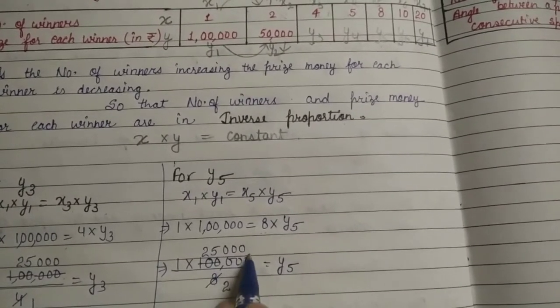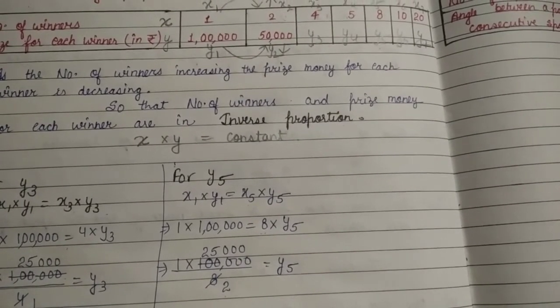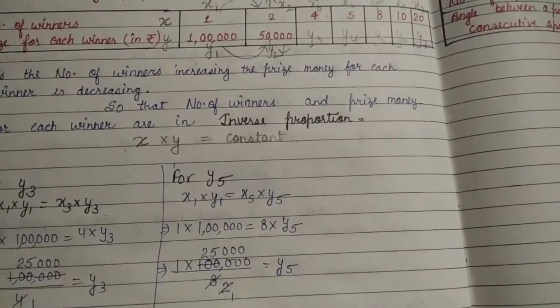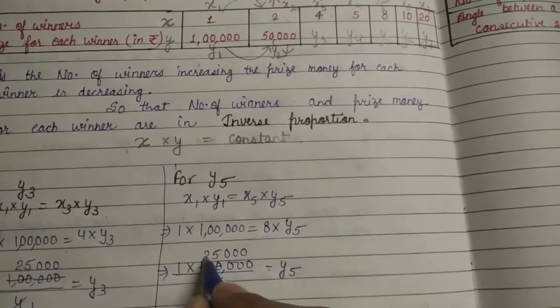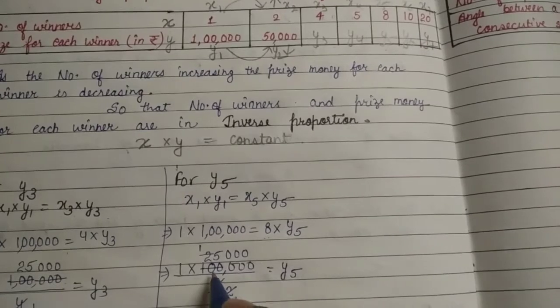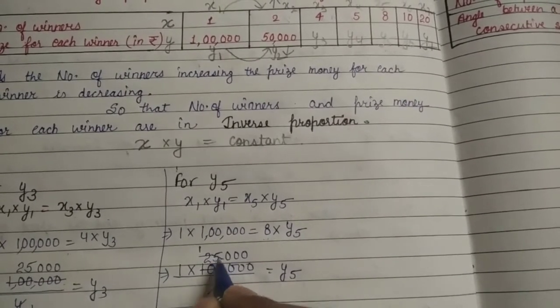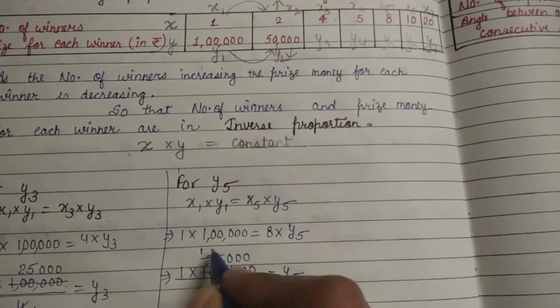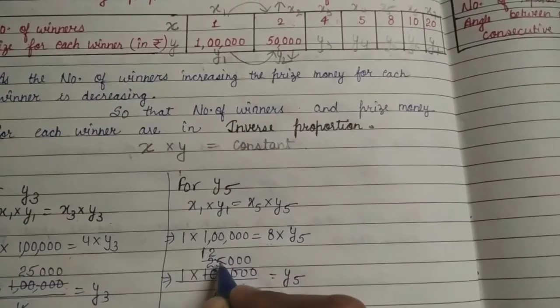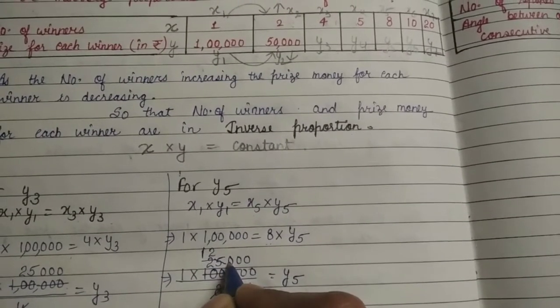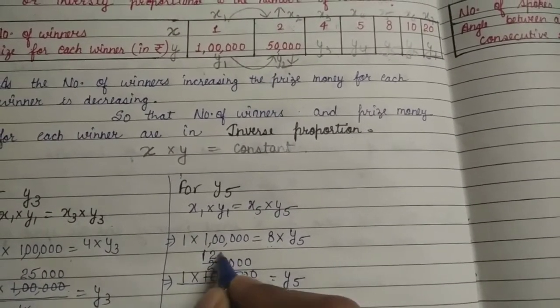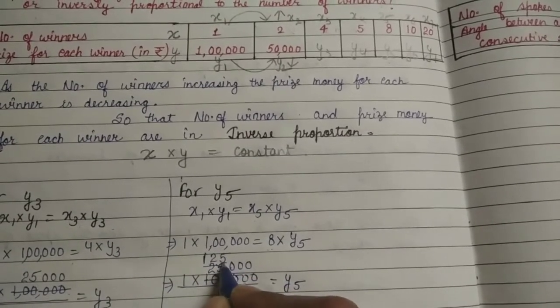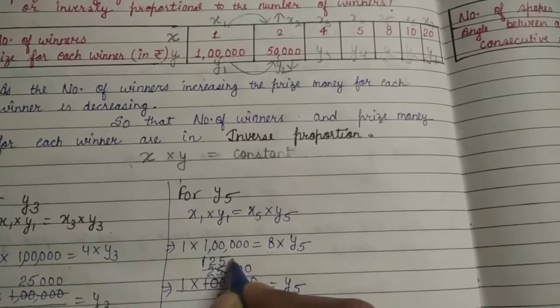Now this 25,000 can also be reduced by 2, so 2 1s are 2. The 5 will reduce 2 times and the remaining one will go near the 0, and 10 will reduce from the table of 2 5 times and 00 as it is.